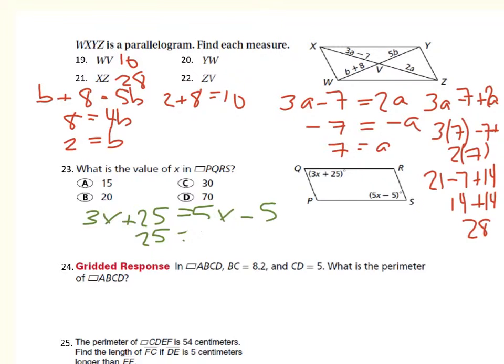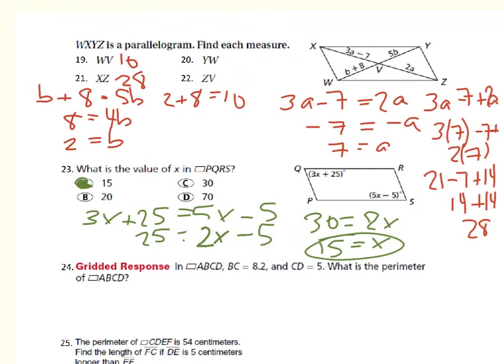If I move the 3x over, that gives me 2x minus 5, and then I'm going to move the negative 5 over, and that gives me 30 is equal to 2x. Divide by 2, and 15 is equal to my x. Since it did ask me to find the value of x, that's going to be A.